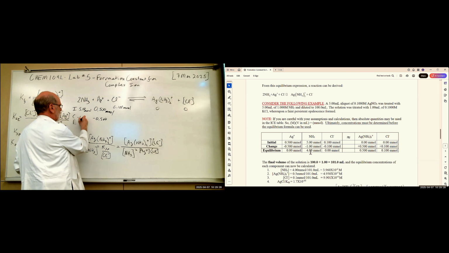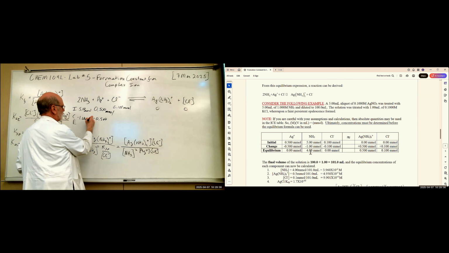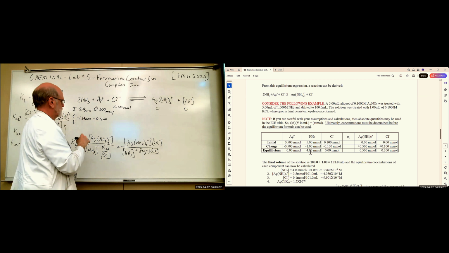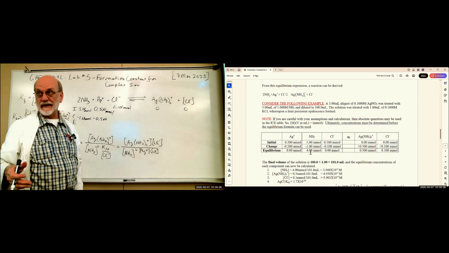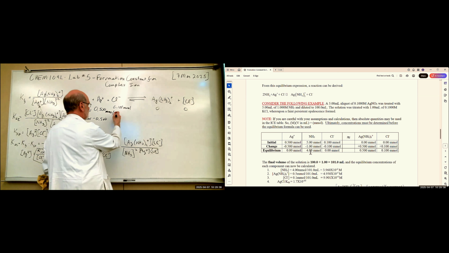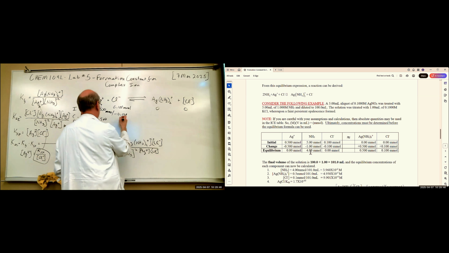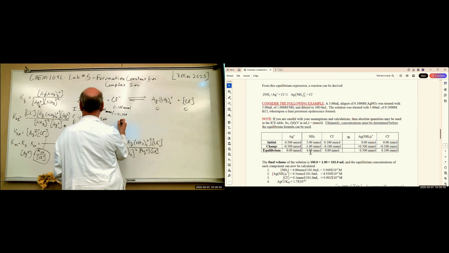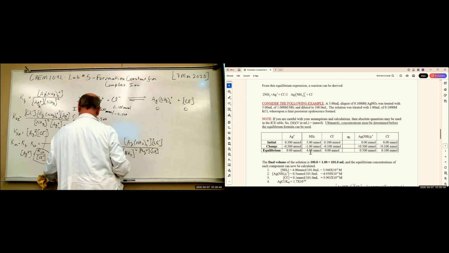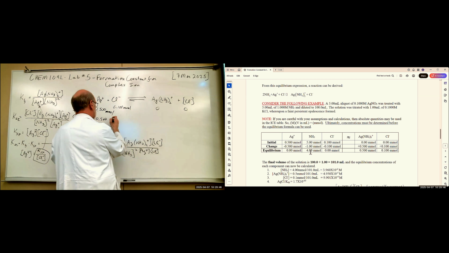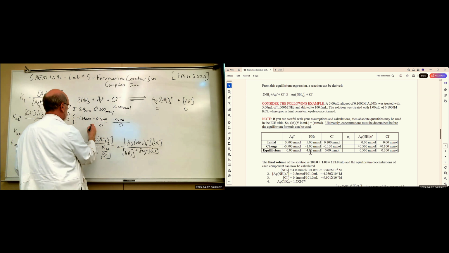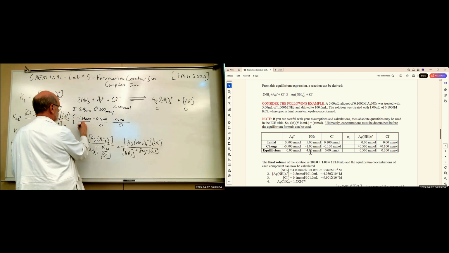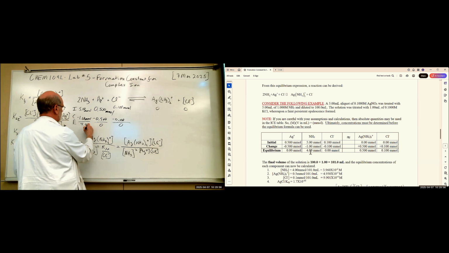So that's -1 millimoles of ammonia that we used up. But we're using up all the chloride. So that means that should be down here, -0.10. So this is 0, this is 0, and this is 4 millimole.